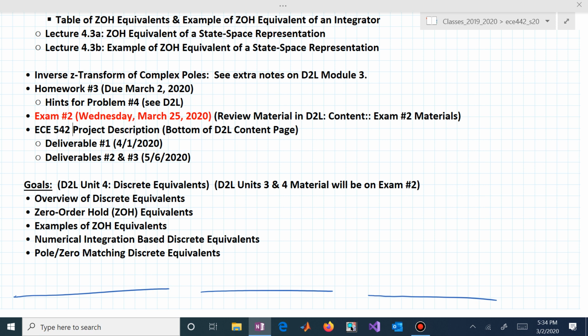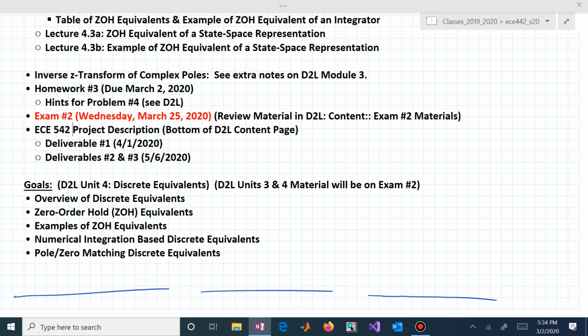But I want you to give it some thought. That's why I have a deliverable. Deliverables number 2 and 3 are due at the end of the semester, and that's basically your write-up and a reflective paragraph. That's deliverables 2 and 3. But look at the project description, and if you have questions, we can talk about that later.